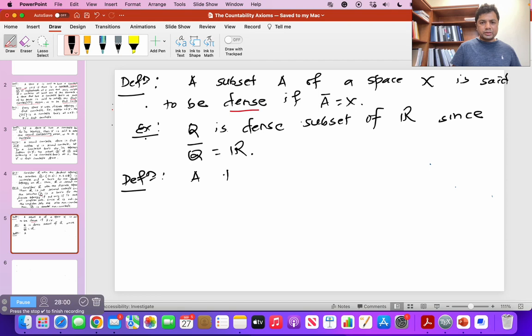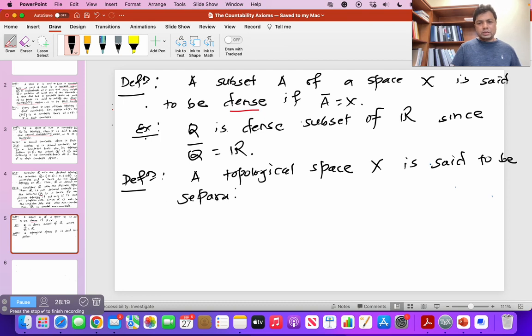A topological space X is said to be separable if it contains a countable dense subset.